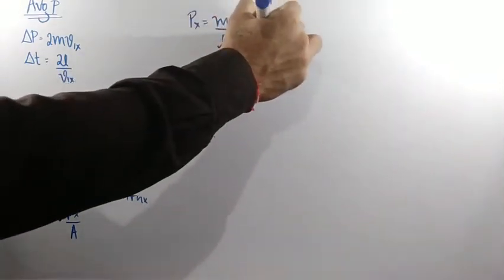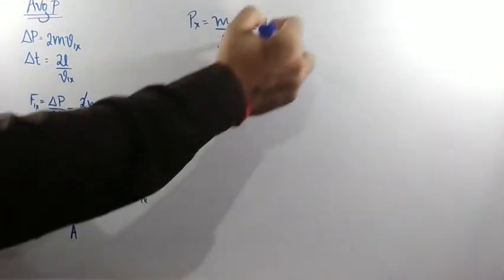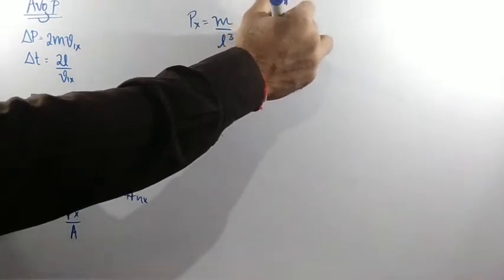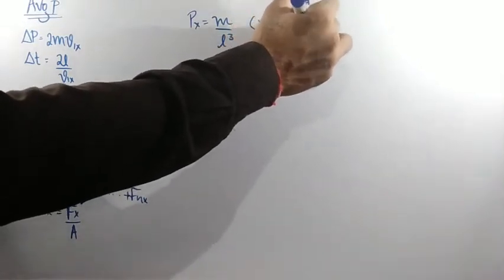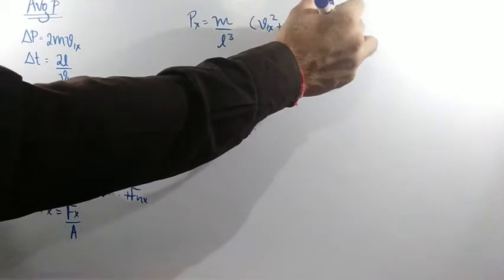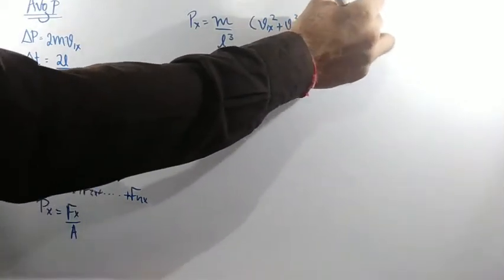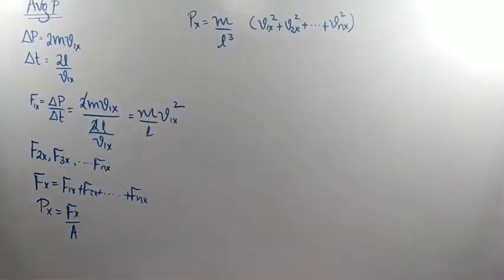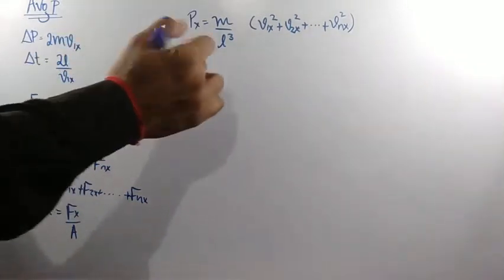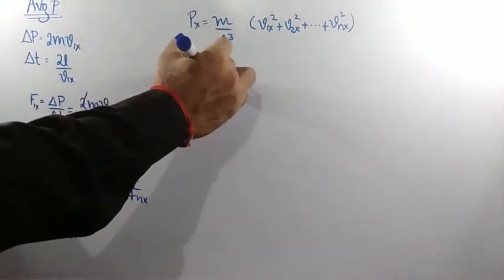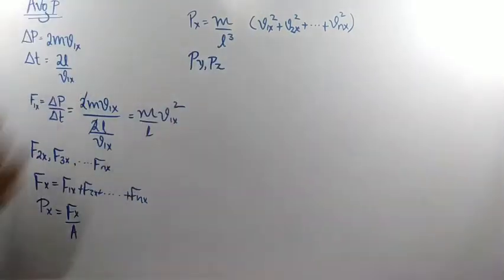Inside the bracket we will have v1x square plus v2x square plus so on plus vnx square. Clear? Okay, now next step. So now we got Px. In the similar manner we can calculate Py as well as Pz.